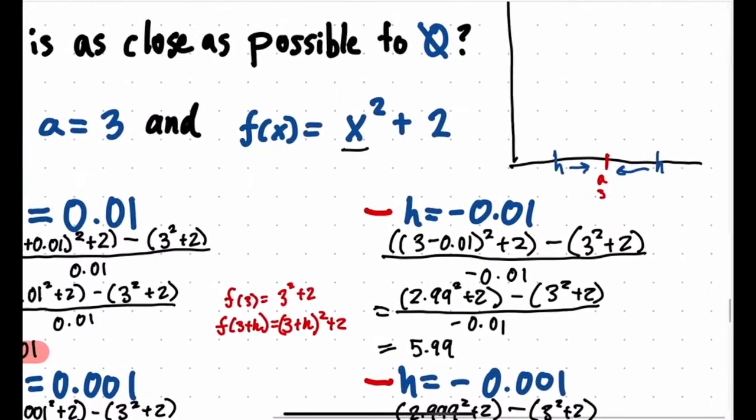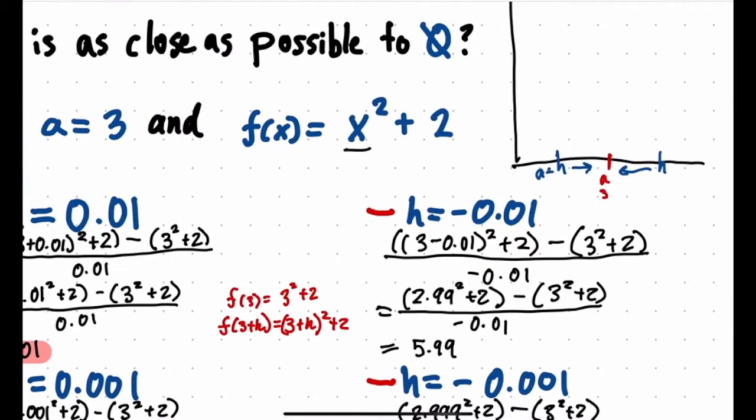When h was negative, so a plus h is getting closer, this h right here is a negative number, negative 0.01 and even closer, then we were getting numbers closer and closer to, let's call this point right here, 6. And on this side, when h was positive, and a plus h was larger than a, then we were getting numbers that were closer and closer but slightly larger than 6.